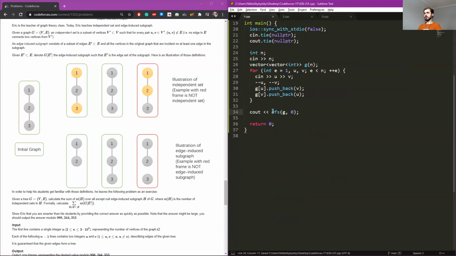And then we actually want to, I think, right, actually I do have C++17 here.